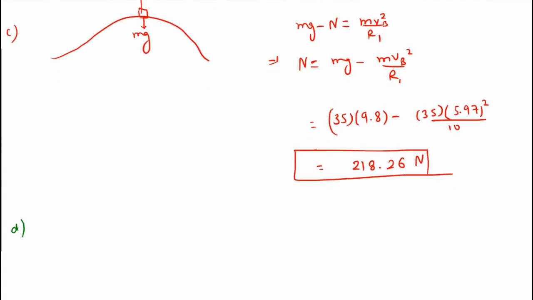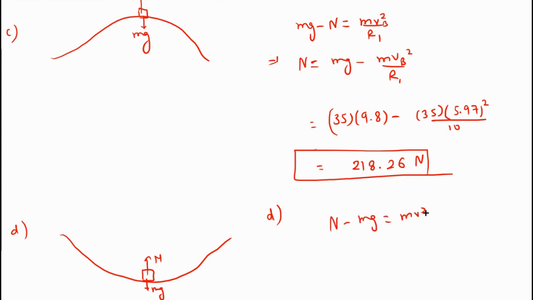Likewise, for the apparent weight at the bottommost point, we use the same kind of method, but this time the normal reaction will be on the top and weight would be at the bottom. So N minus mg will be m v square over r. This time it's going to be additive in nature.